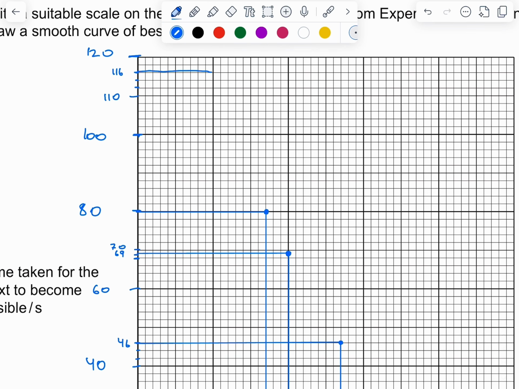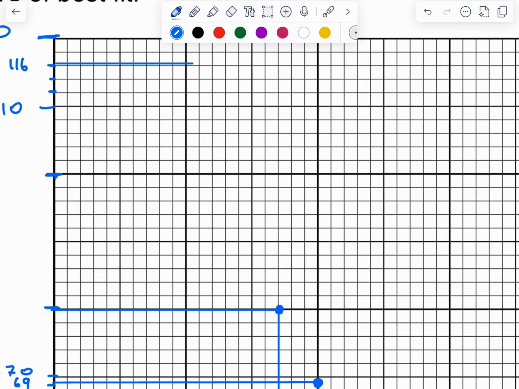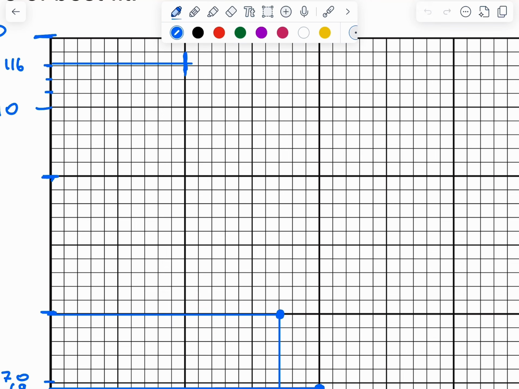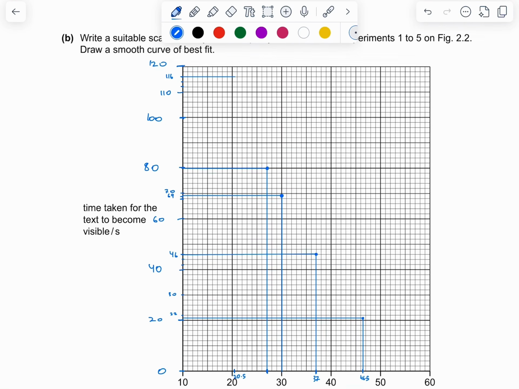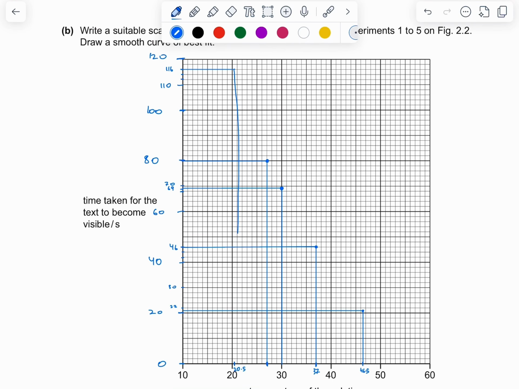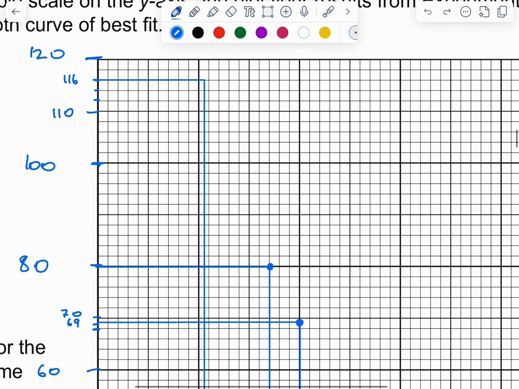So I know that 20.5 is after this thick line, right? This is 20, so 20.5 should be right after it. So that is why I'm going to draw my line like this, just a little further, okay, this way, and then I'll go down like that. This should be our last point.